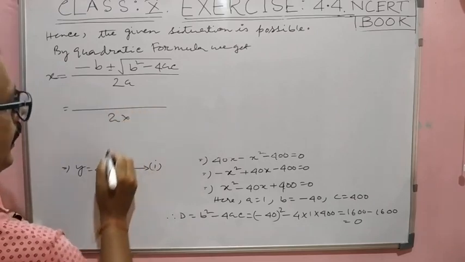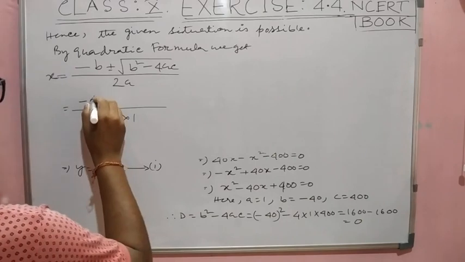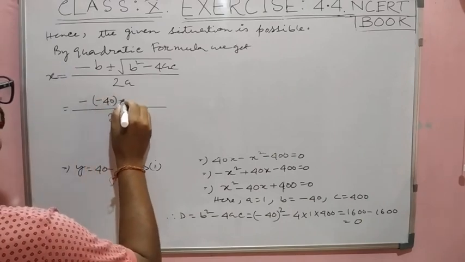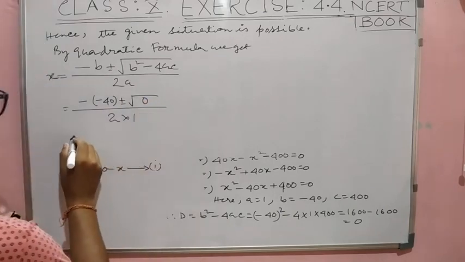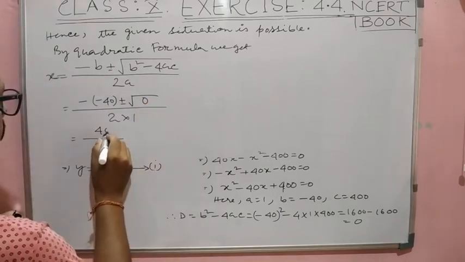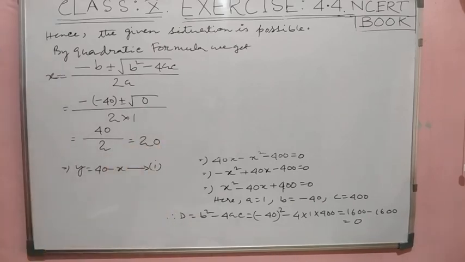So 2 into a means 2 into 1, minus b means minus minus 40, plus minus root b square minus 4ac is 0. So it will be 40 by 2 equal to 20. So x equal to 20.